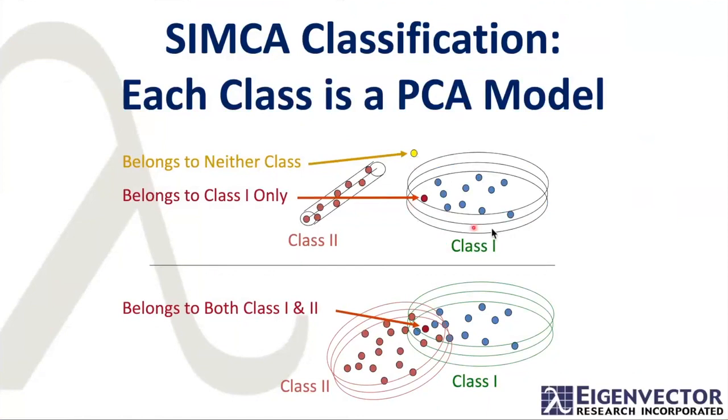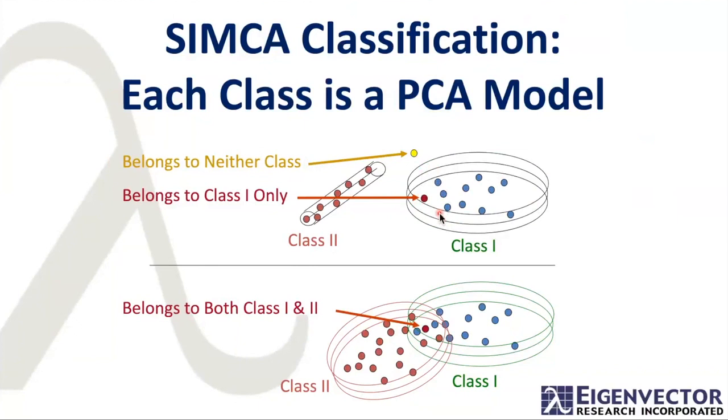So for example, if I've got class 1 over here, I can draw my Hotelling T-squared ellipse around it, and then I've got my Q residuals perpendicular to it. And then if I've got new samples that come in, like this guy, he looks like he's inside this ellipse for this class and inside the Q residuals, so he belongs to class 1. So that's just basic PCA modeling.